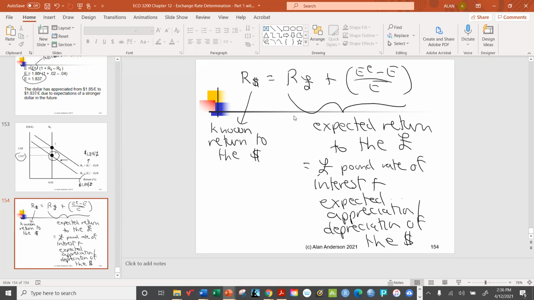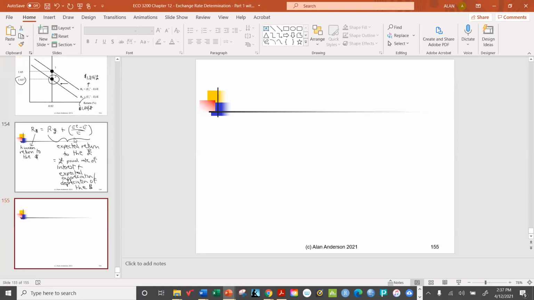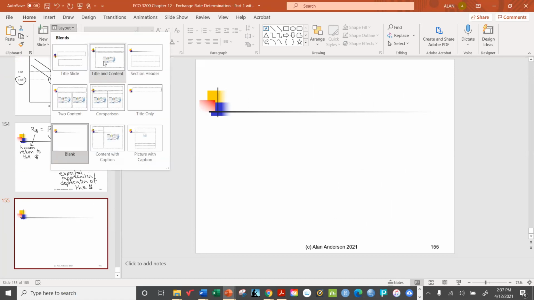And of course, if the exchange rate goes up, meaning the dollar gets weaker, that will increase the return to holding pounds. But if it goes down, that will reduce the return. So in a case like this, we're hoping, because we're not hedging our risk with a forward contract, we have to be very careful.